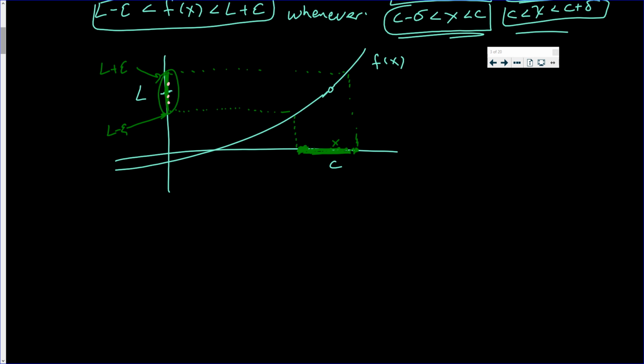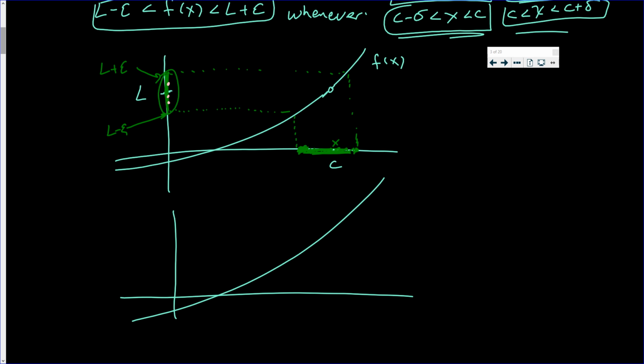To the best of my ability, I'm going to try to draw the same exact graph and the same value for c. So straight across is L, and this is the same graph, f of x. Now, if I pick epsilon a little bit smaller, then the upper limit will be L plus epsilon, and the lower limit L minus epsilon.